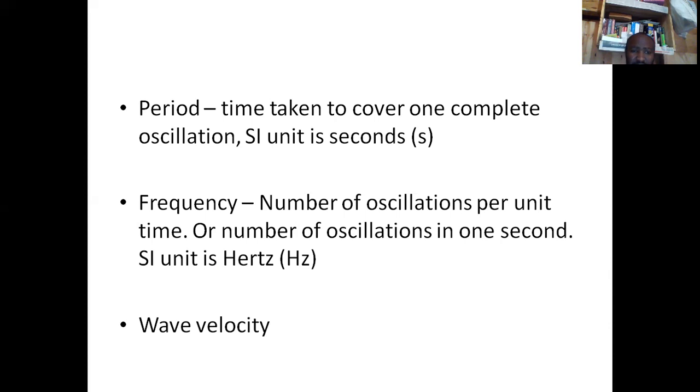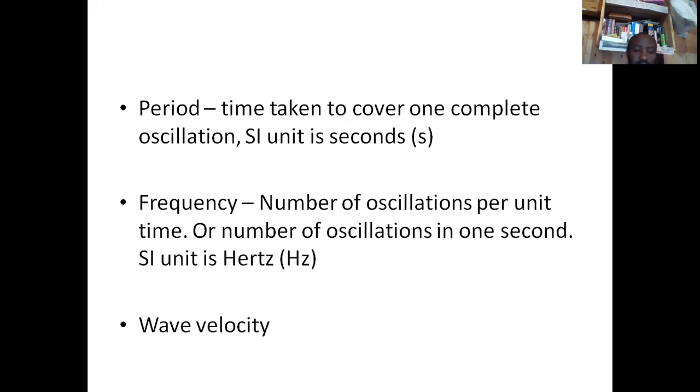But you realize that there is also another relationship between frequency and period. As you could be remembering from high school physics, what is the relationship between frequency and period? Frequency is equal to the reciprocal of the period.